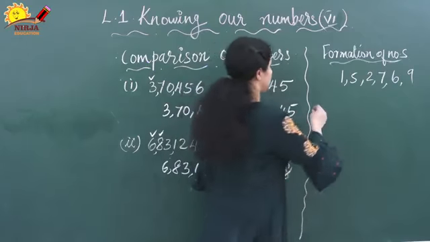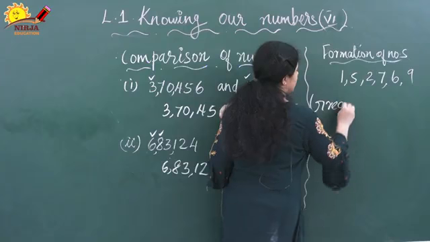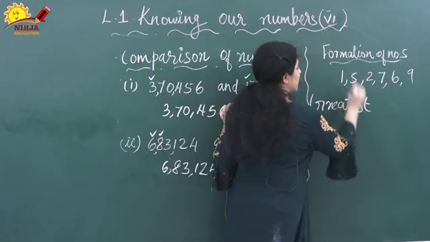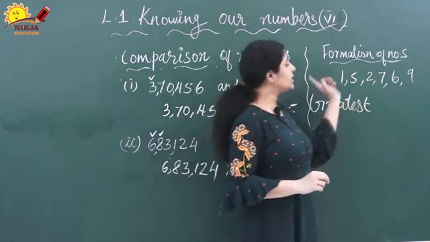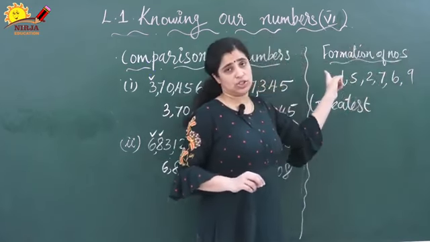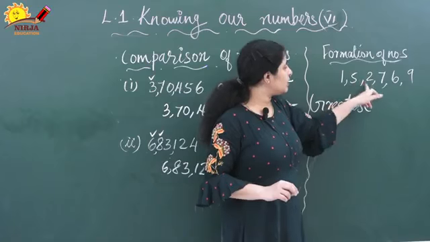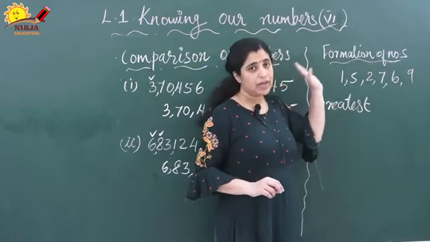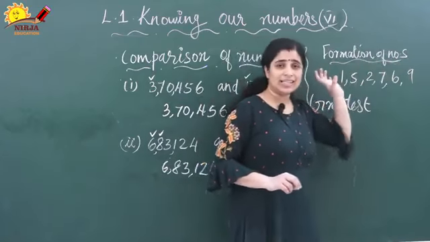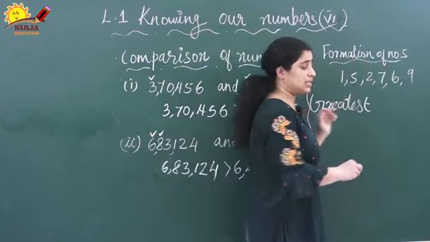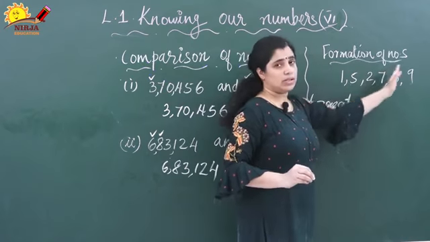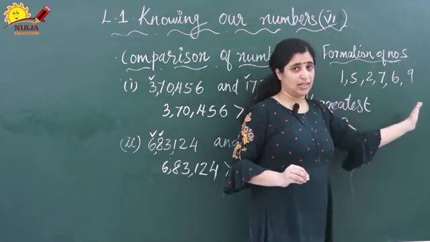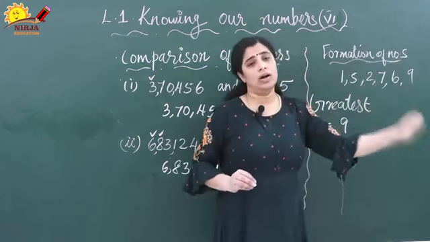First we will form the greatest number. So to write the greatest number, you have to write the greatest number among these digits. So you have given 6 numbers here. So in that, which one is the greatest one? Yes, this is the greatest one. Now write these digits in descending order.